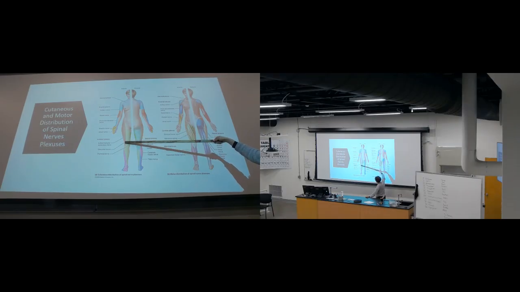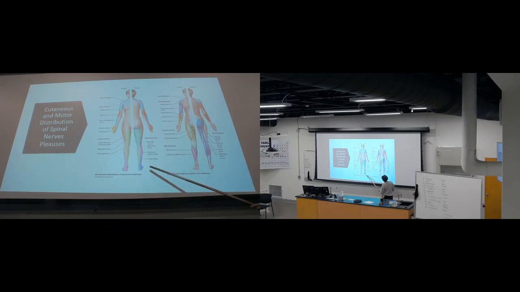The majority of the lateral part and part of the anterior part of the thigh. This will be the obturator nerve in the medial area for thigh. And then this will be the femoral nerve in between the lateral femoral cutaneous and the obturator nerve, and then all of this middle part of our leg.